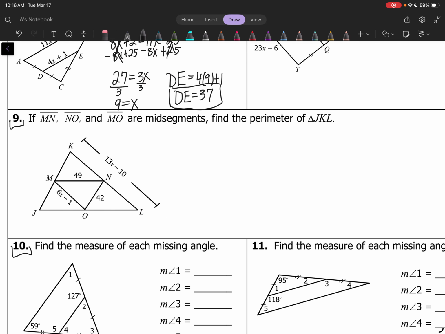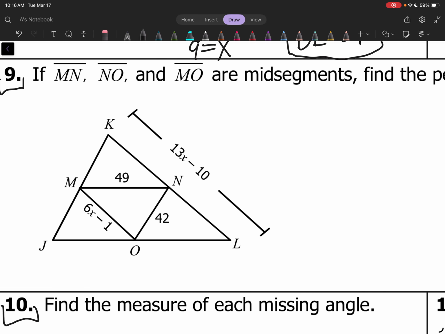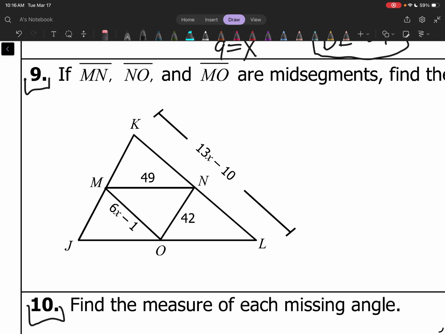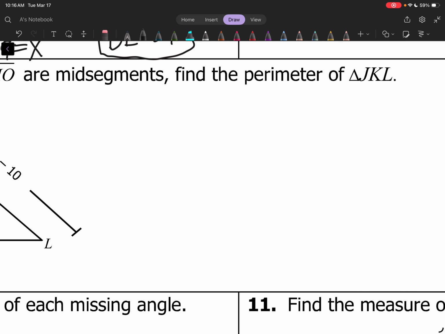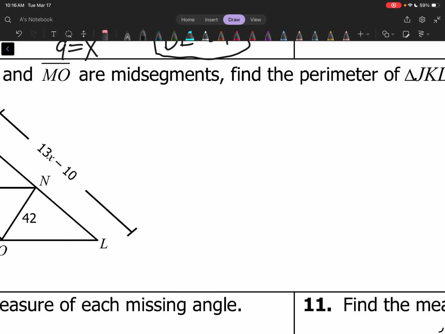Let's look at number 9. MN and MO line segments are midsegments. Find the perimeter of triangle JKL.